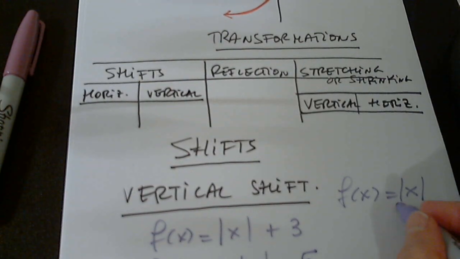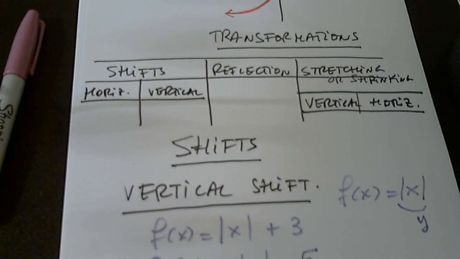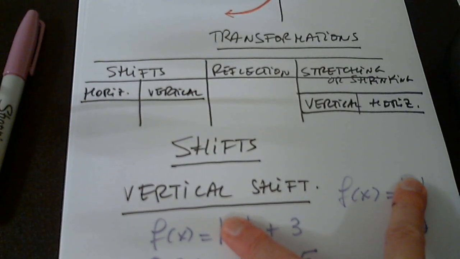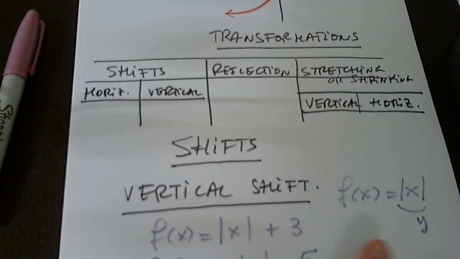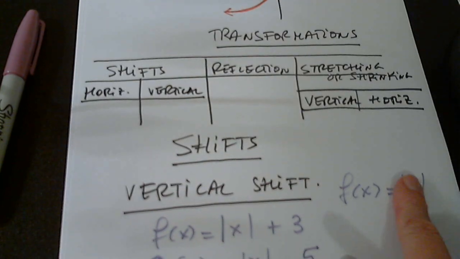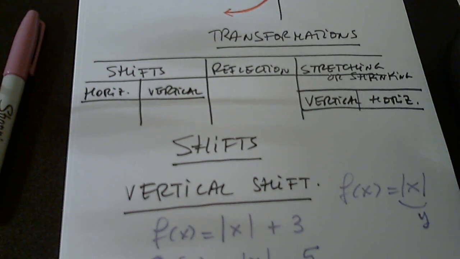So this is the y value. You know f of x is the same as y. So what changes here? The y value doesn't change. I mean, the x inside does not change, but the y value is plus 3. So the y value adding 3, or the y value subtracting 5.